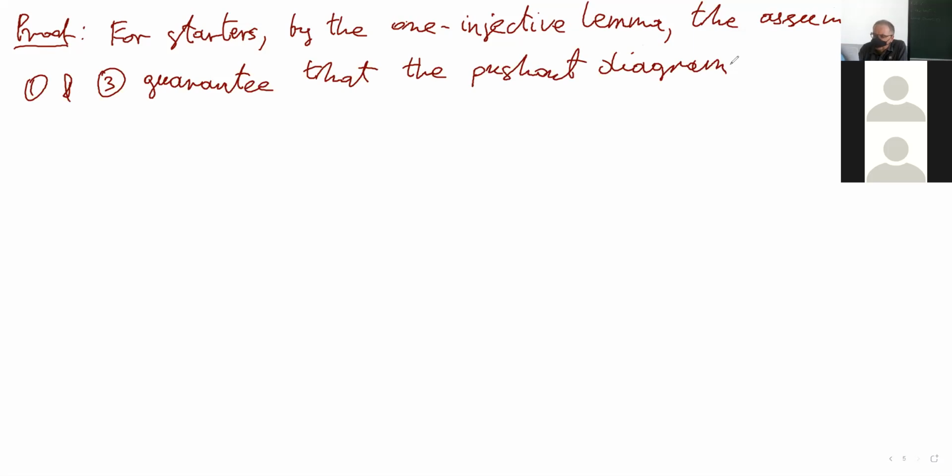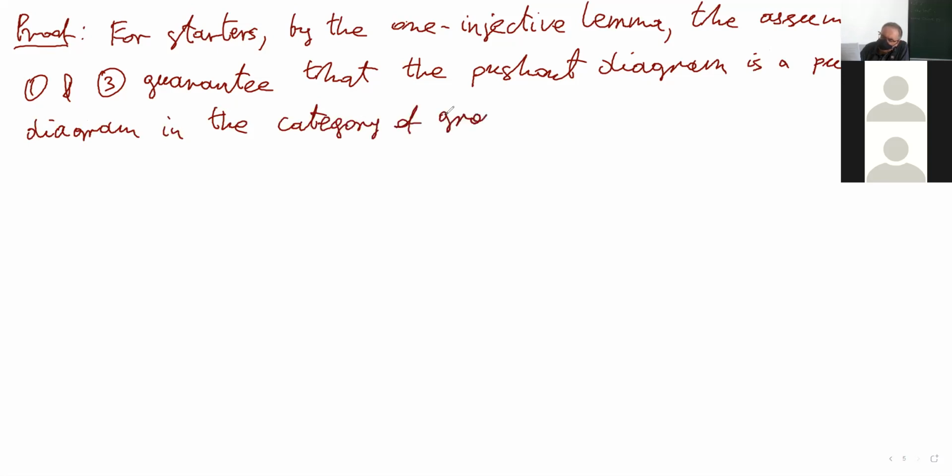This goes without saying, okay? But now, because of the assumptions 1 and 3, and by this one injective lemma, we know that this push-out diagram is a push-out diagram in the category of graphs and proper graph homomorphisms.